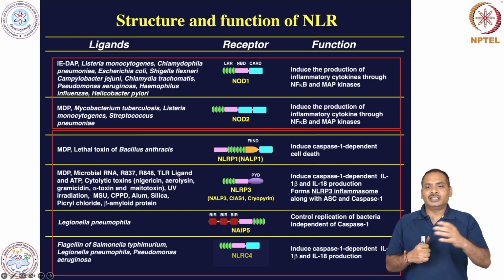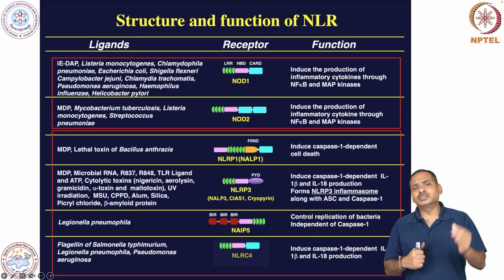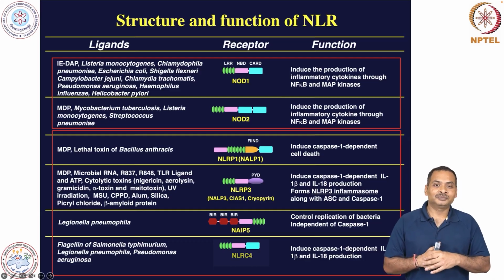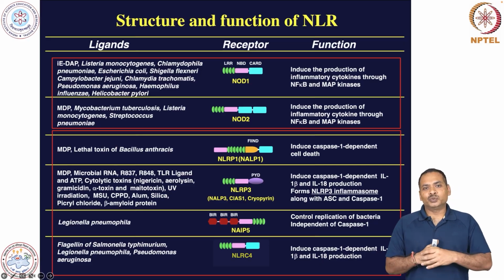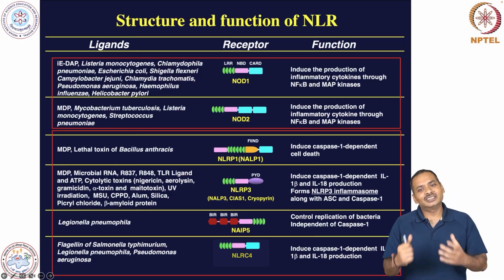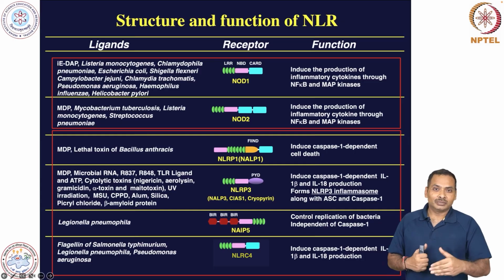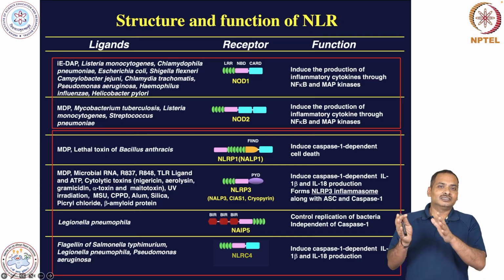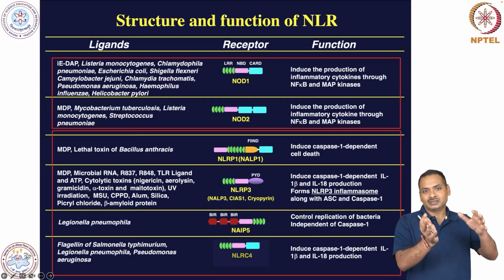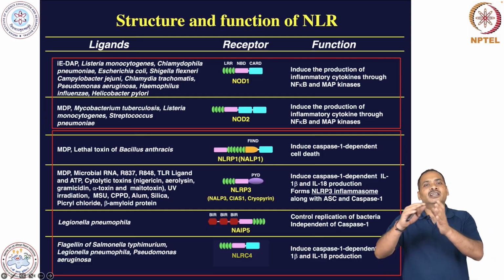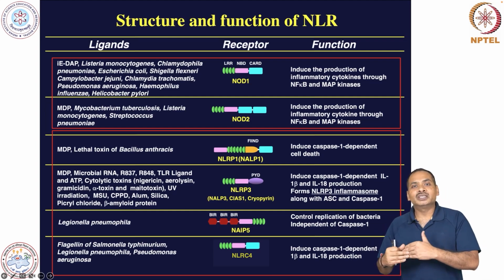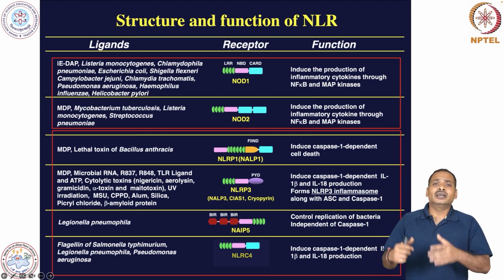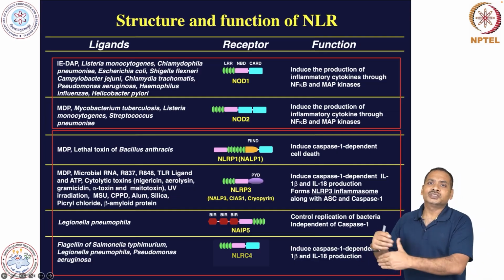Okay, and this induces caspase-1 dependent cell death. So NLRP1 is basically involved in cell death. I told you in the beginning of this session that functionally they have two major categories. One is activating NF-kappa B and another is inducing the mature form of IL-1 family cytokines, and another category also induces cell death.